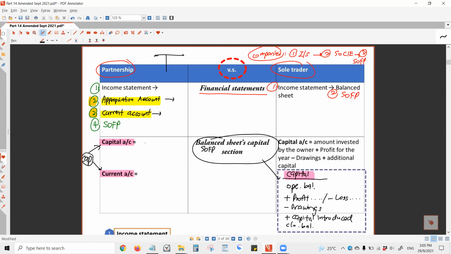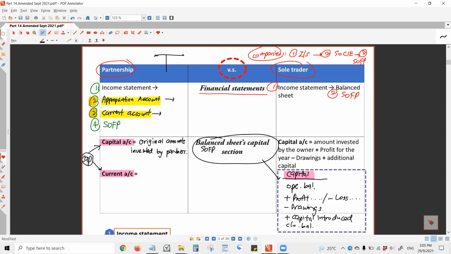Let's see what the capital account contains for partnership and what is in the current account. Capital account contains the original amounts invested by the partners.